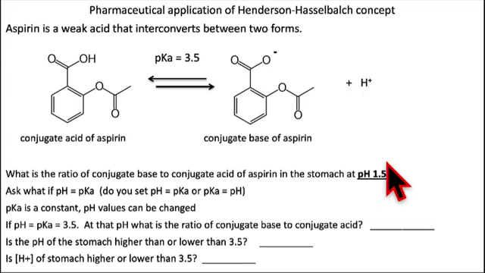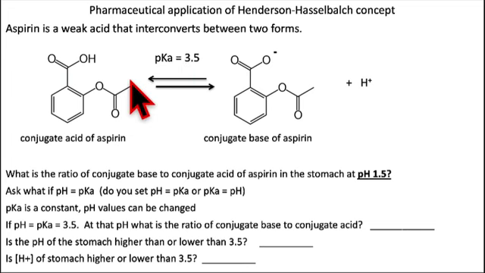To put this in context, the first thing I think you should do is set the pH equal to the pKa. Now, does that mean that we want to work with a pH and a pKa equal to 3.5 or a pH and pKa equal to 1.5? Well, you can only change one of the values. pKa is the dissociation constant of aspirin.